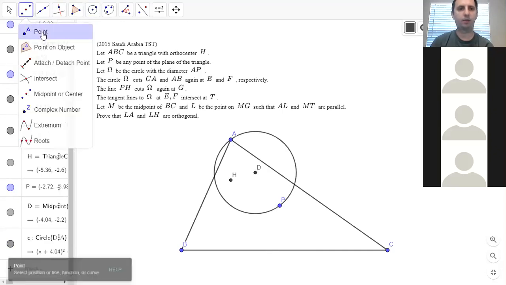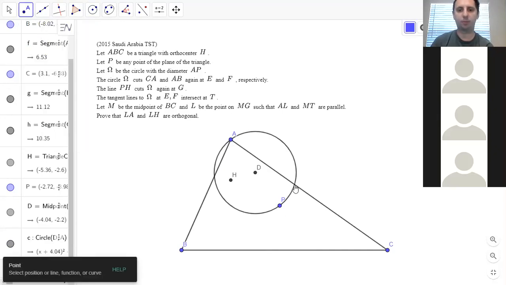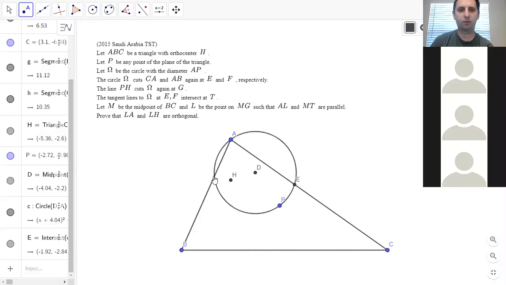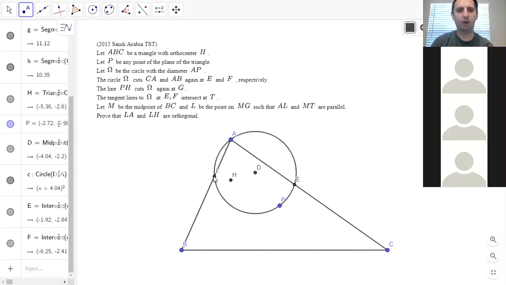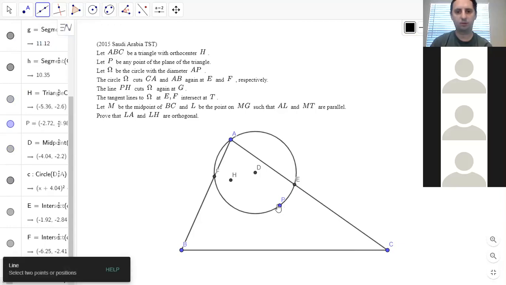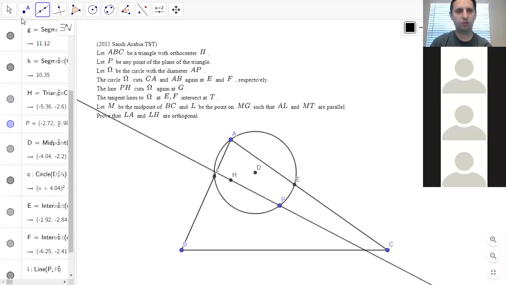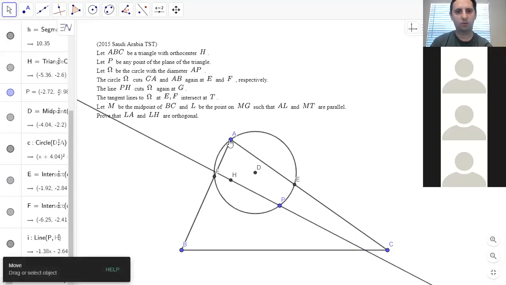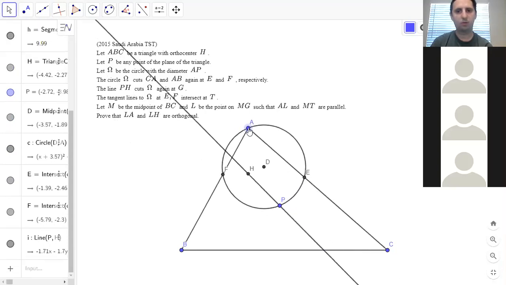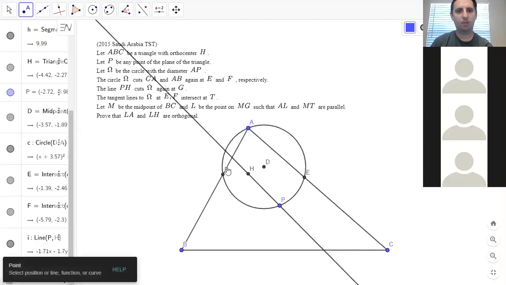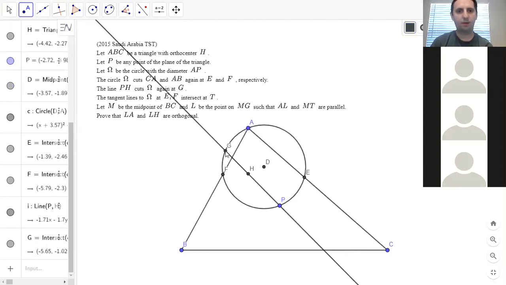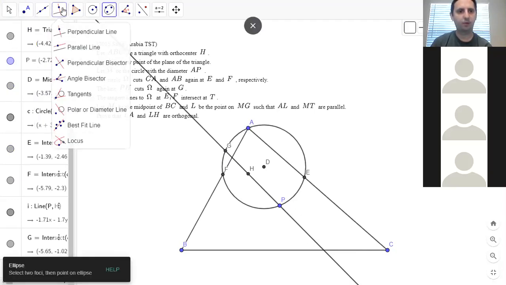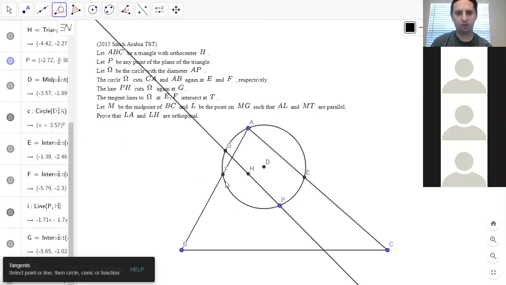Okay, it cuts CA and AB at E and F. So these are just the perpendiculars from P to each of them. And then PH cuts the circle again at G. And the tangent lines at E and F, I think the tangent lines, let's see, do they?